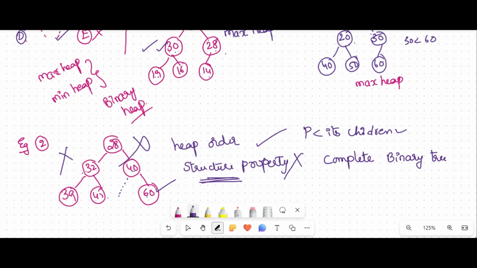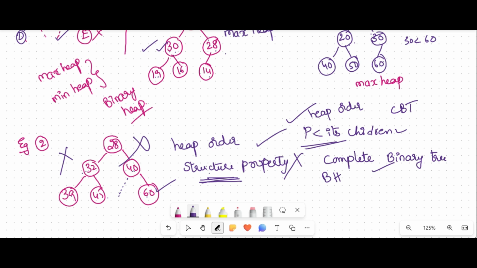If it satisfies only the structure property, then we can say simply that it is a complete binary tree. If it satisfies only the heap order property, we say the heap order property is satisfied. But if both are satisfied, then only can we say that it is a binary heap.